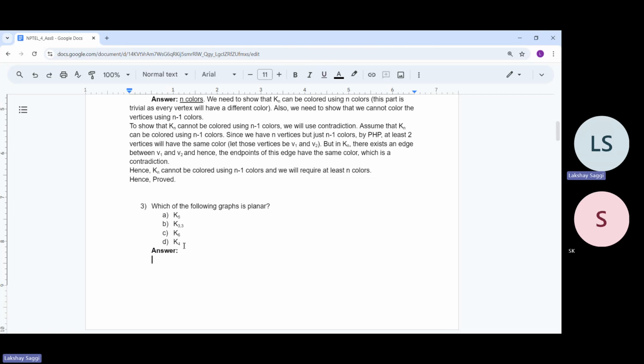Okay, so you're saying that D, that K4, is a planar graph. Yes, this answer is correct. So good job. But for the audience who is watching on YouTube, I'll go through it option by option, why some options are not planar. K5 has already been discussed in the lectures. I'll be assuming that you have gone through the lectures. So K5 is actually not planar, and this has been discussed in the lecture.